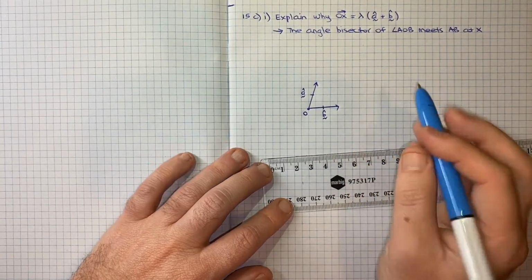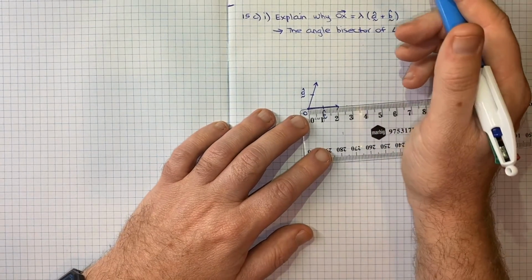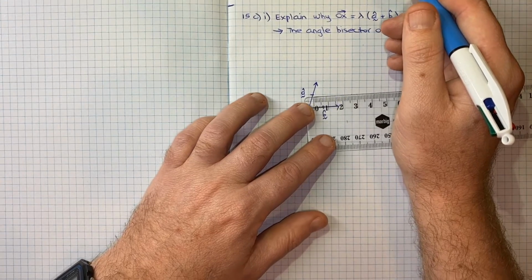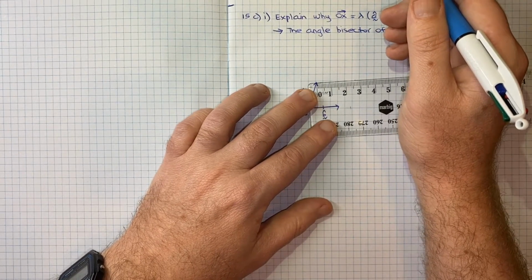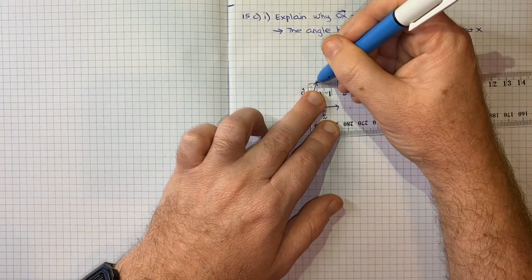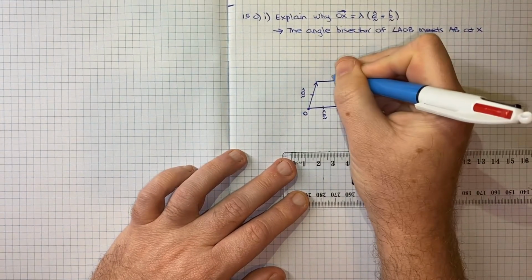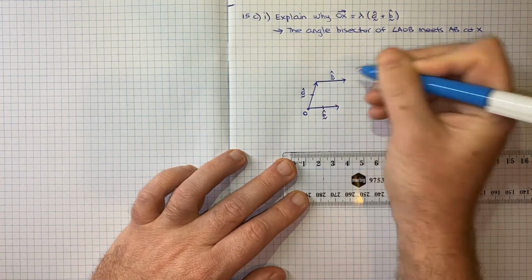Now, I think what's also helpful is if I complete the parallelogram. So if I draw B hat vector up here, same direction, same length, just starting from a different point. So that will be B hat vector also.